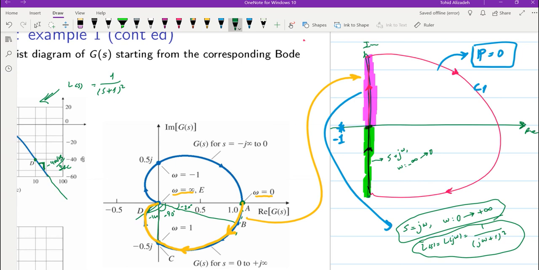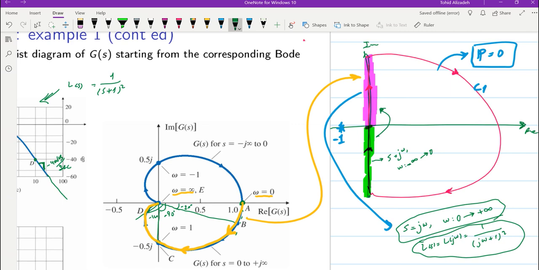So S will be equal to j omega again, and if we compare it with the first segment that we had over here, what we will get here will be the mirror of the plot for the first segment with respect to the real axis, because only the value of omega will be multiplied by a negative sign.